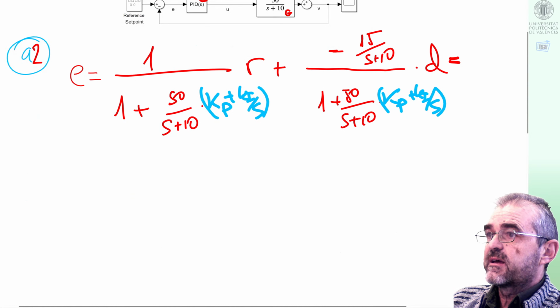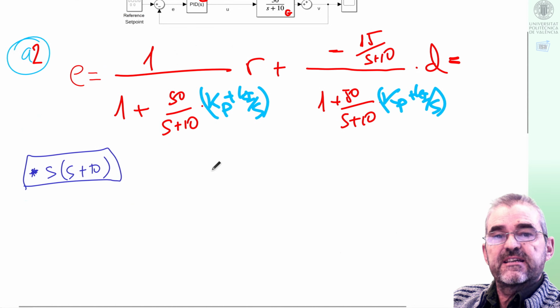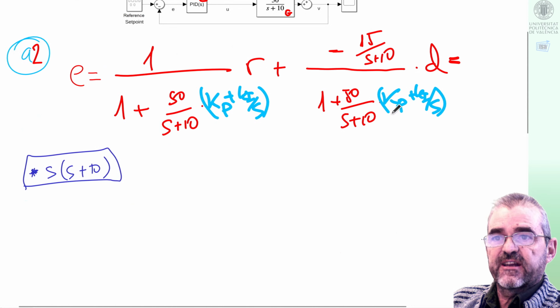So now multiplying by s plus 10 top and bottom of the fractions, I will get this transfer function for the setpoint changes to error plus this one from disturbance to error in closed loop. So these were the two requested transfer functions.